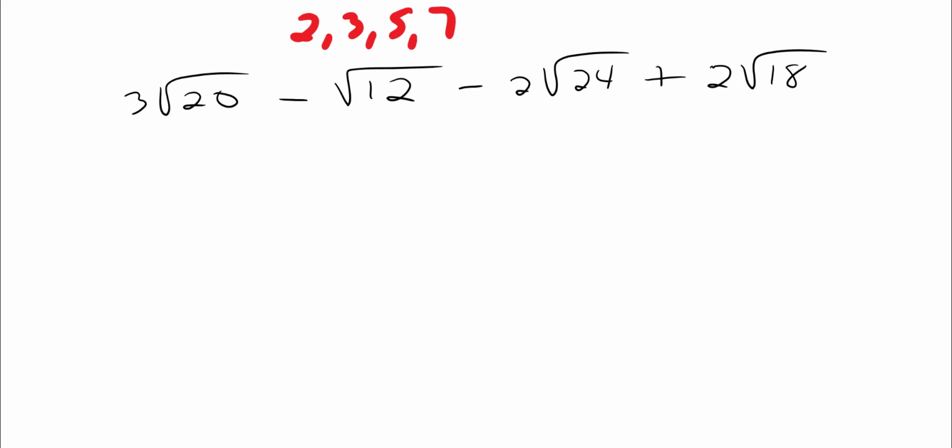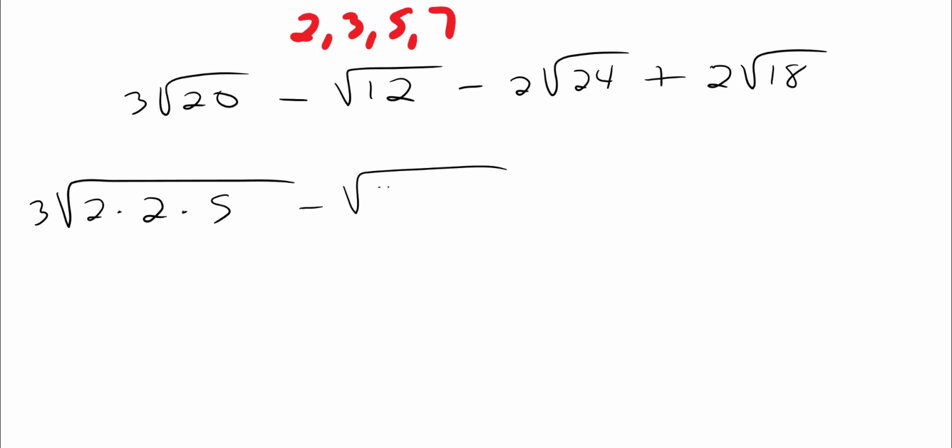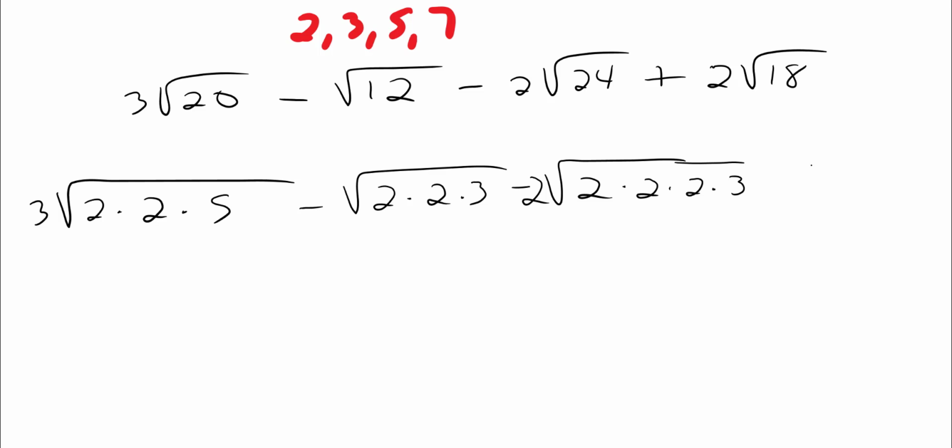Okay, so I'm going to do it a little faster here. 20 breaks down to 2 times 2 times 5. 12 breaks down to 2 times 2 times 3. 24 breaks down to, oops, I forgot the 2 here, 2 times 2 times 2 times 3. And 18 breaks down to 2 times 3 times 3.